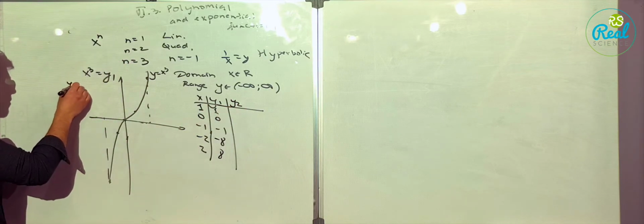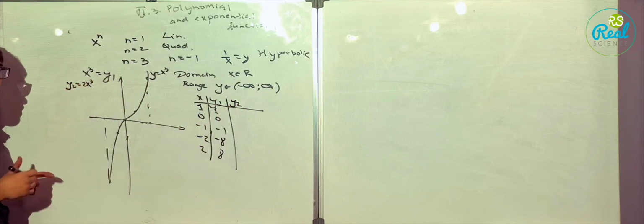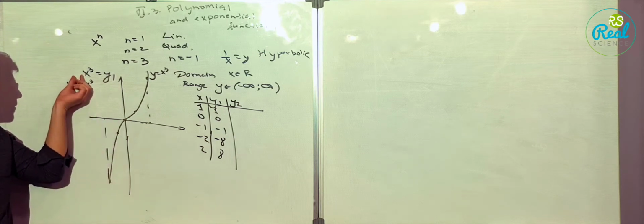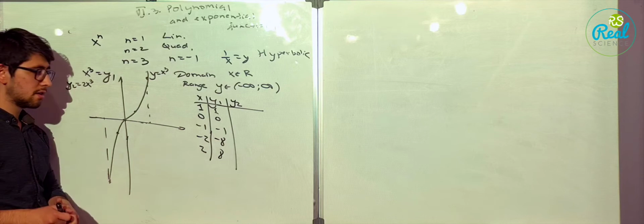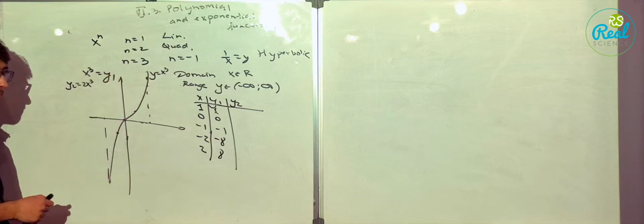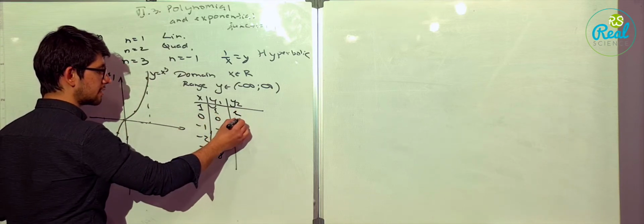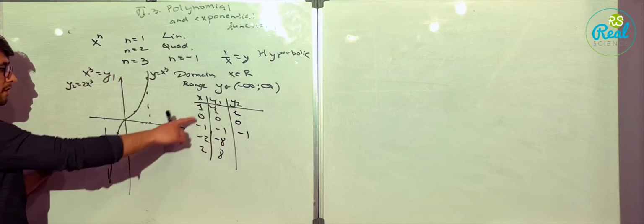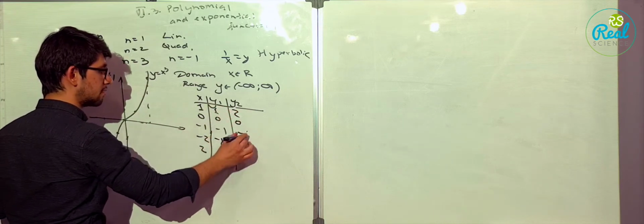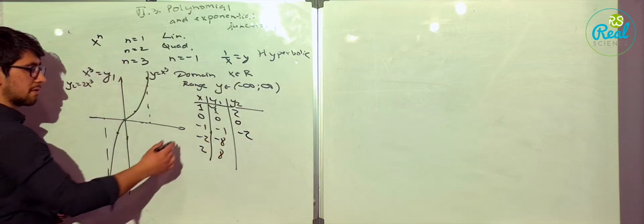So let's compare this graph with y2, where your y2 equals twice of your x cubed. So here your coefficient was equal to 1, right? Now it has changed to 2. So how will it affect your graph? The first 3 points are the same, right? Now if you're giving 1, it becomes 2, right? And here it will be minus 2. What about the rest?